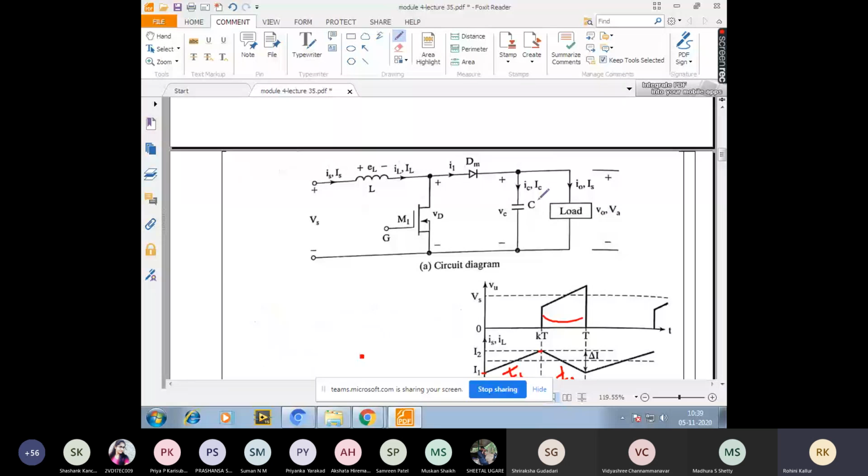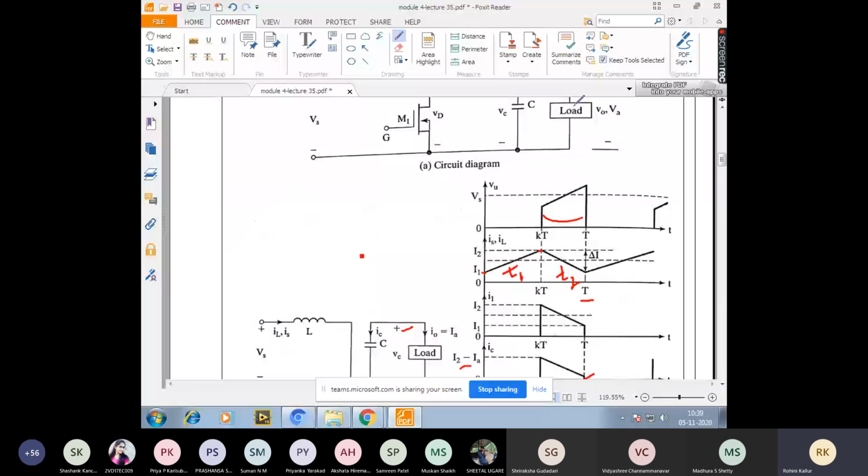Mode 2 happens at the end of t1, which is equal to K into T. The current that was flowing through the transistor now flows through the inductor, capacitor, that is L, C, load and the diode.